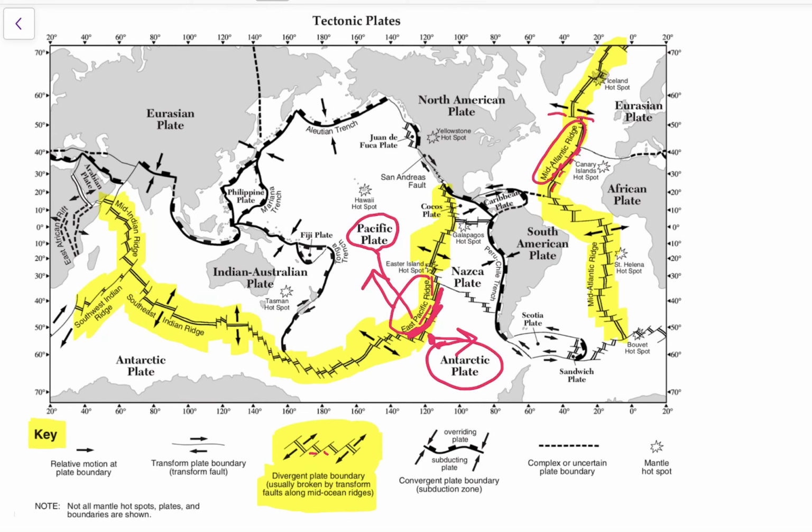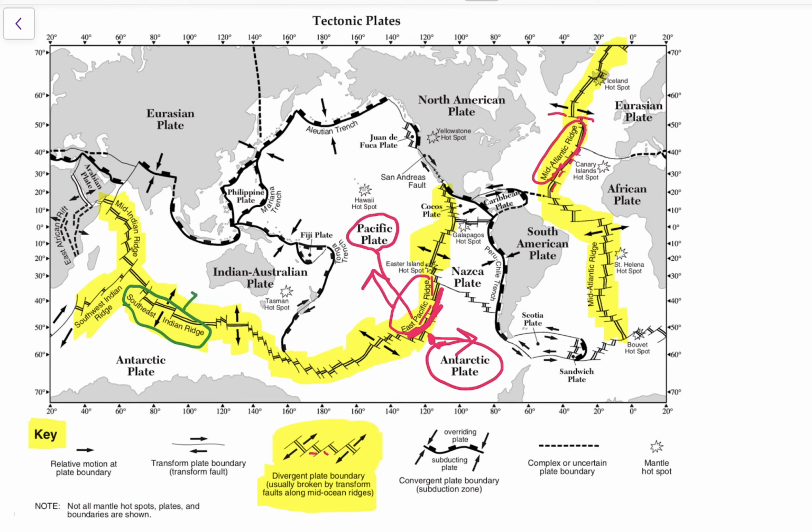How about the Southeast Indian Ridge? Let's look at that one over here in green. We know it's a place where two plates are moving apart. Which two plates are moving away from each other in the Southeast Indian Ridge? Well, let's go ahead and see.